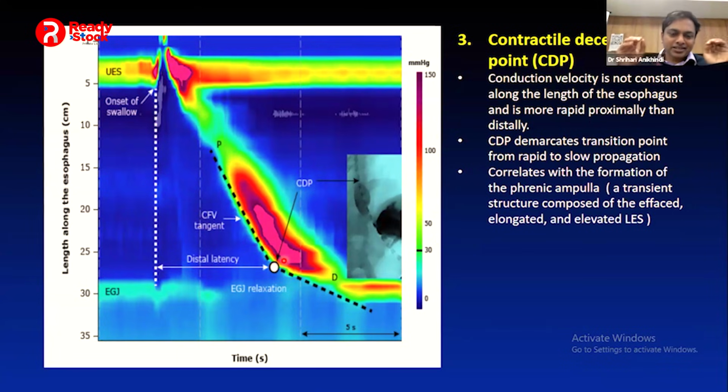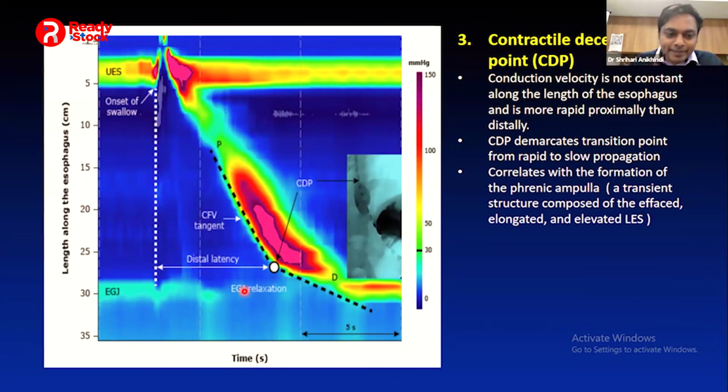So understand that peristalsis is a very coordinated activity. It cannot be too fast. So you can have a peristaltic wave which is very fast going down like this. Okay. If the peristaltic wave is very fast, that is a detriment, because that will not lead to propagation of the bolus.